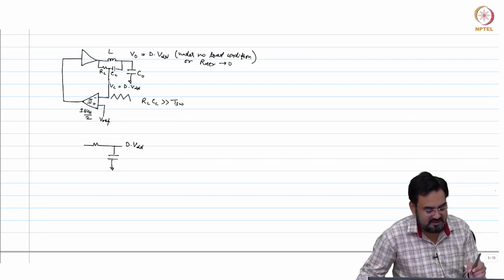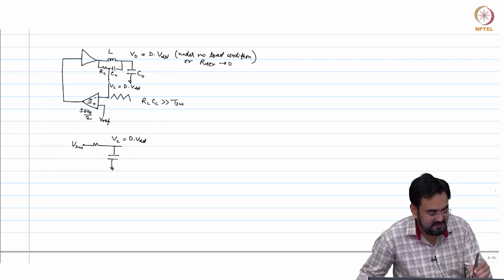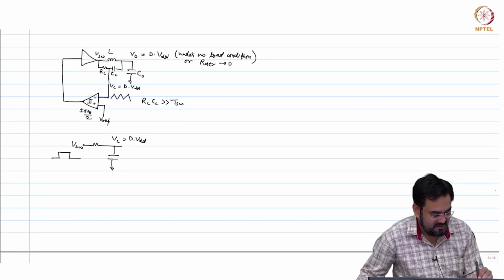They are not shorted. It is actually Vc. So Vc is same as V out under no load condition. This is nothing but VSW, which is getting this.